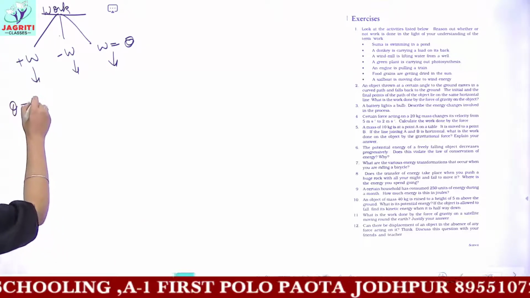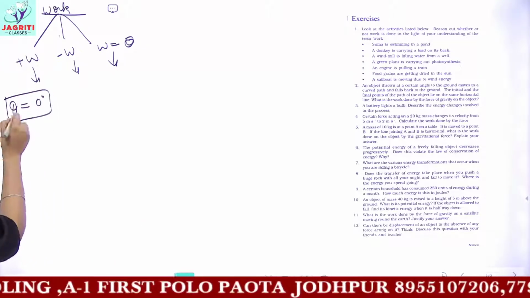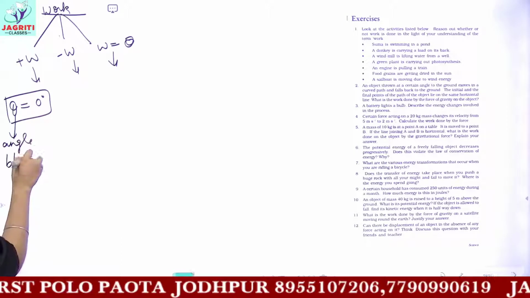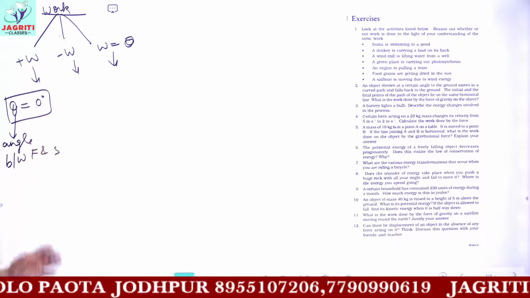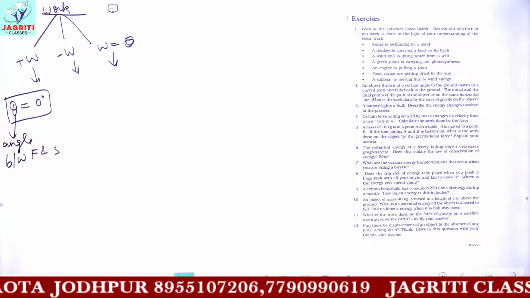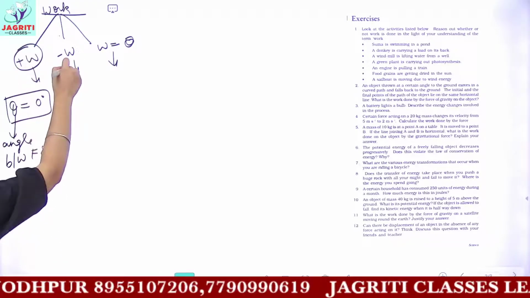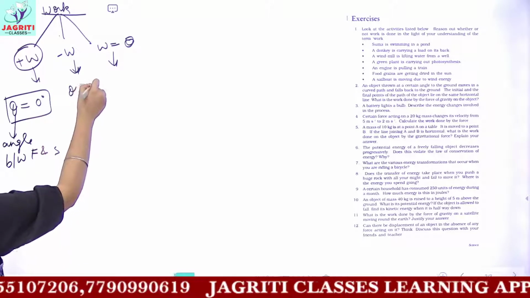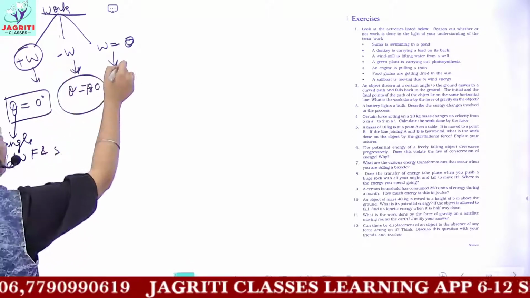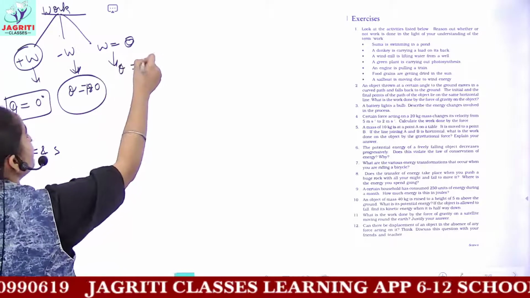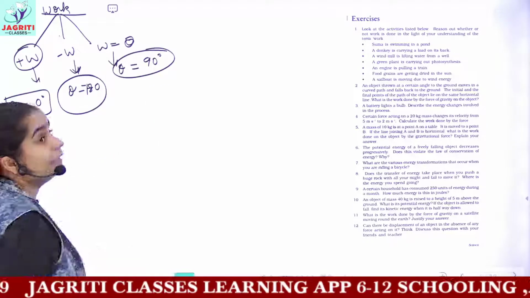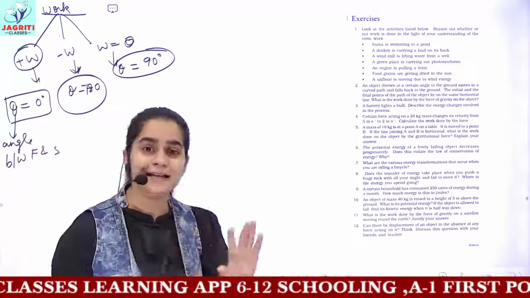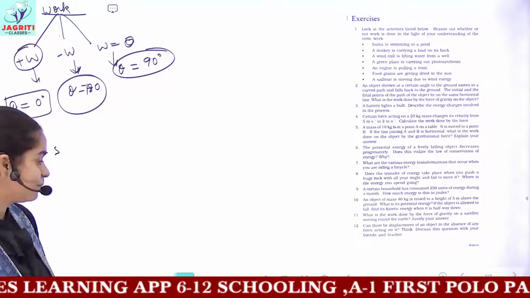I am revising with you: if the angle between force and displacement is 0 degrees, then the work is positive. If the angle between force and displacement is 180 degrees, then the work is negative. And for zero work, the angle between force and displacement should be 90 degrees. All these concepts we have discussed, so we'll not go into detail. This was just a short recap for you.